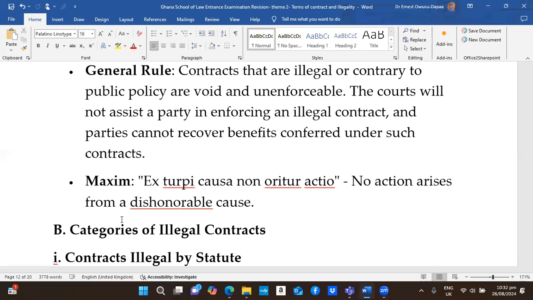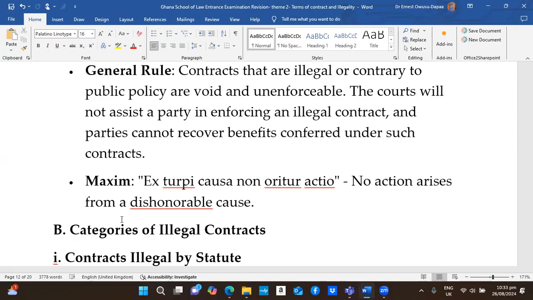The law says I cannot make that contract. Or in carrying out the contract, you may be breaching a particular law. Or sometimes a contract which was quite lawful at the time that it was made subsequently becomes illegal because there has been a change in the law or government policy, as it were.